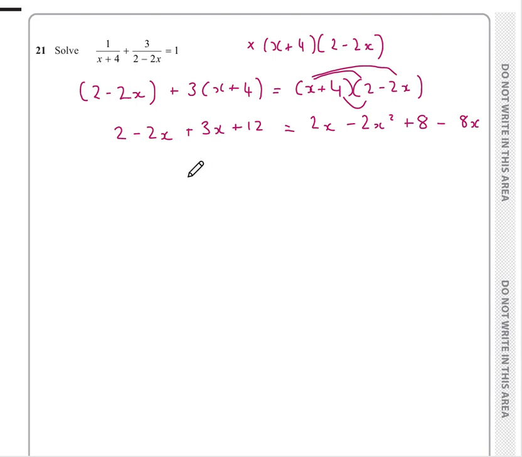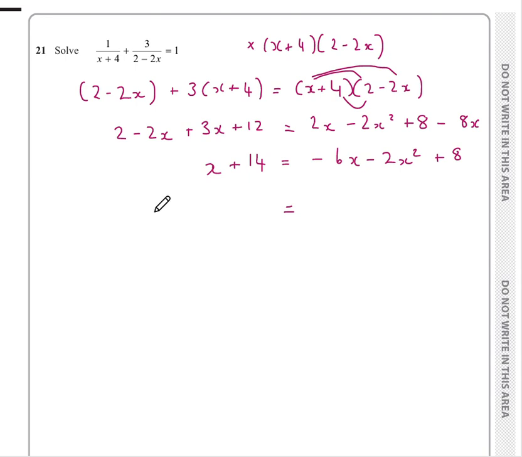Let's collect together the terms on the left and the right. Here I'm going to get x plus 14. And here I can collect together my x terms as well, so I'll get minus 6x minus 2x squared plus 8.